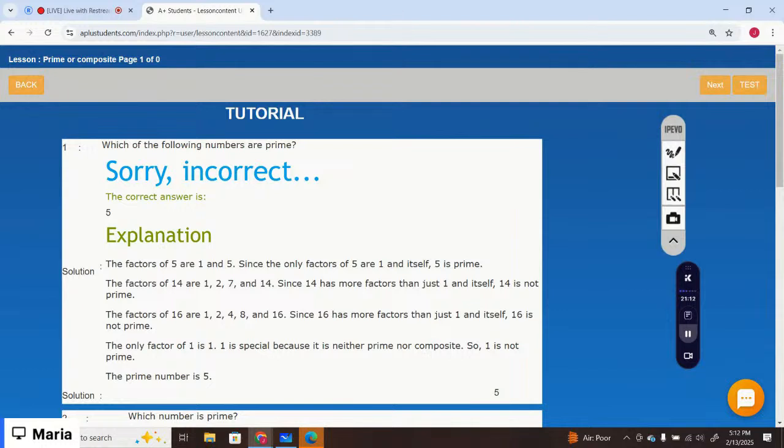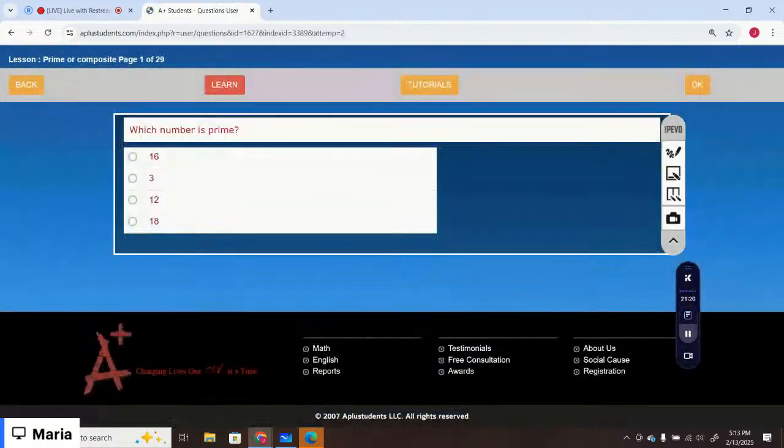Prime numbers are the numbers that have only two factors. Which two factors? One and the number itself. Composite numbers are the ones that have more than two factors. Factors are the numbers that when multiplied make a specific number.